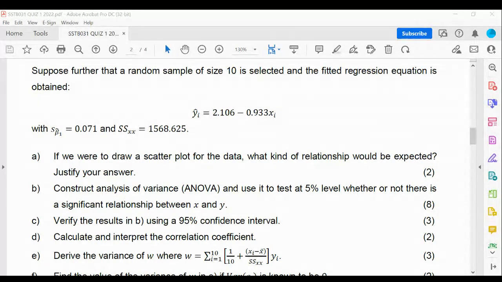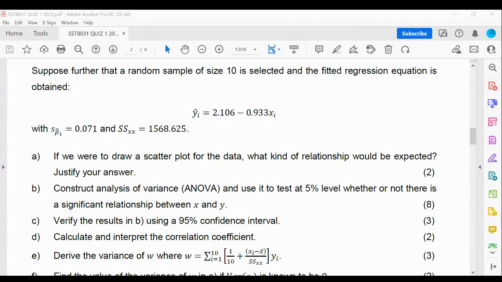You get that from the slope, because you are not given a data set, so you cannot see that from a data set. If you don't talk about the sign of the slope, then you are guessing. From the given information, it is the slope that can help you answer this question. So the answer there is simple. There's a negative linear relationship between x and y.